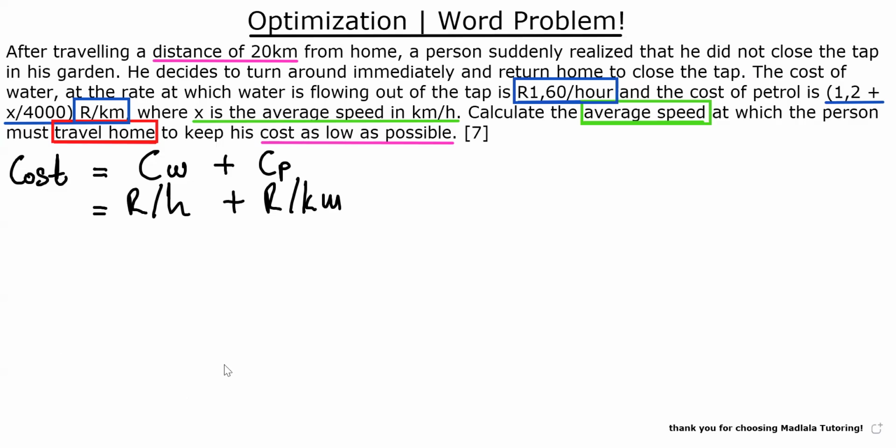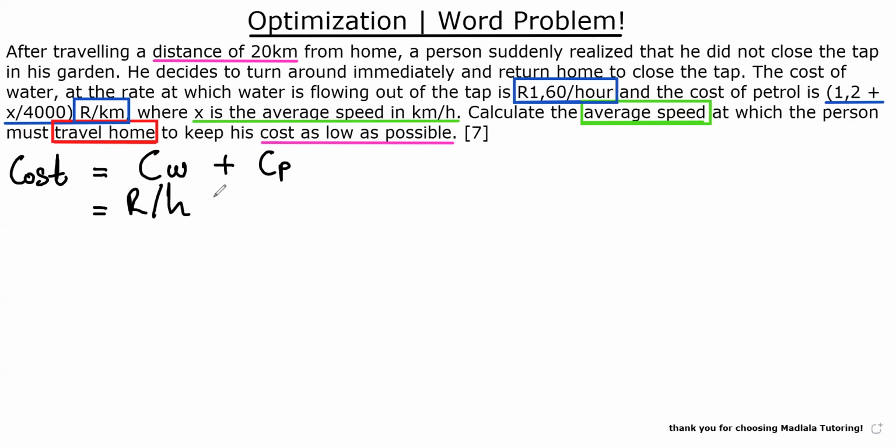Well, the easiest answer is if we can eliminate time here, and here we eliminate the distance, then what is remaining is the rands, which is simply the cost, right? Okay, what am I saying in simple language? Well, this is what I'm saying.